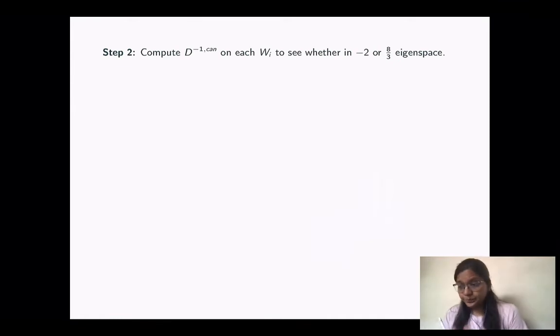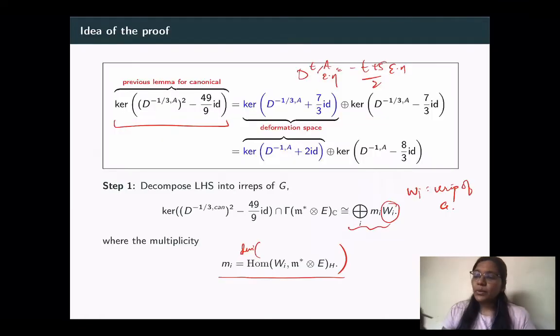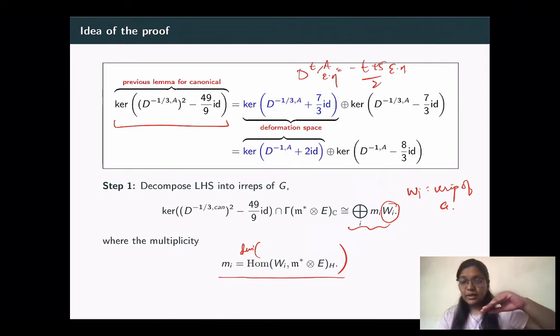And now we know each of these wi's, because we know the lambda square eigenspace of the kernel from our previous proposition. What we can do is apply the Dirac operator, D minus 1, on each of these spaces, and then compute whether it lies in the -2 eigenspace or the +8/3 eigenspace.